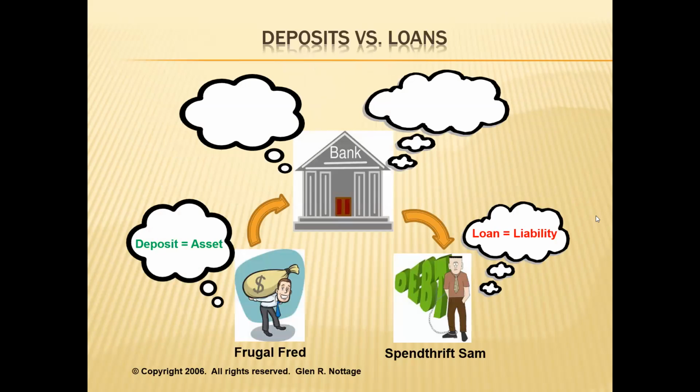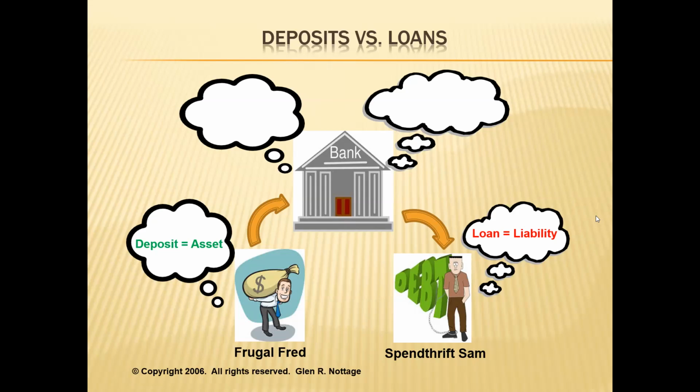Then we looked at this little chart here about deposits and loans. We talked about Frugal Fred putting his money into the bank, and we said that the deposit for the depositor was an asset. What did we say that the deposit was for the bank? Was it an asset or liability?